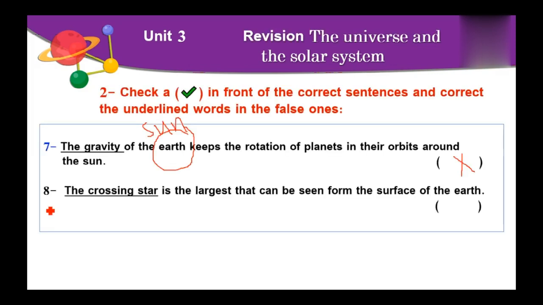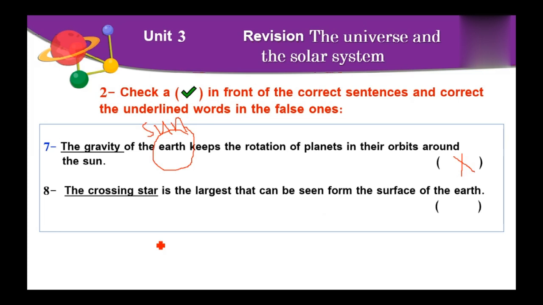Question number 8. The crossing star is the largest that can be seen from the surface of the earth. Crossing star is correct? What is the name?